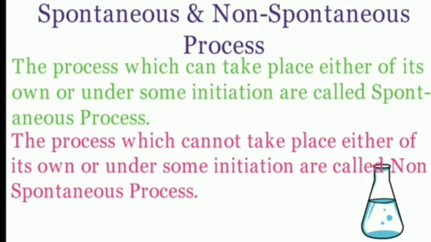A process which can take place either of its own or under some initiation is called a spontaneous process. Then what do you mean by a non-spontaneous process? The process which cannot take place either of its own or under some initiation is called a non-spontaneous process.